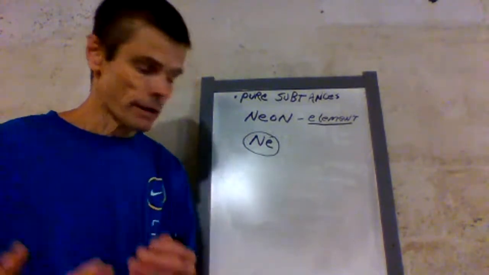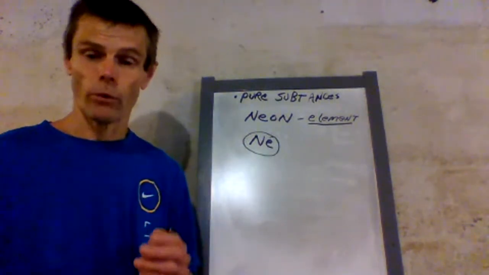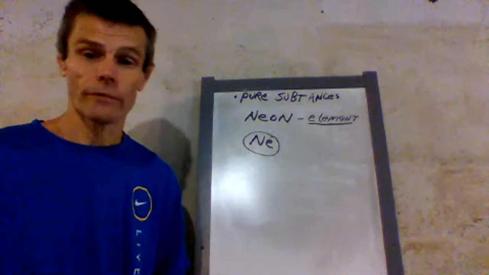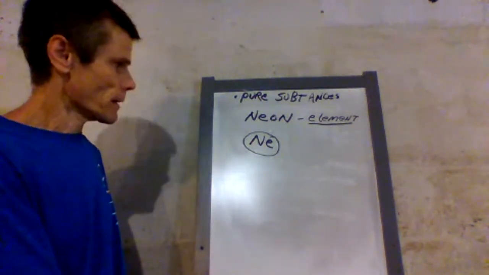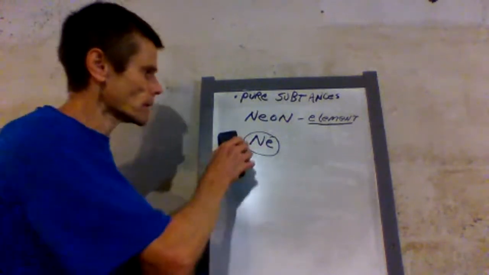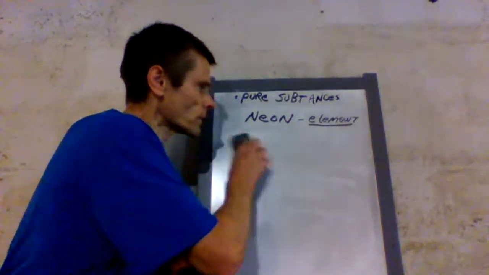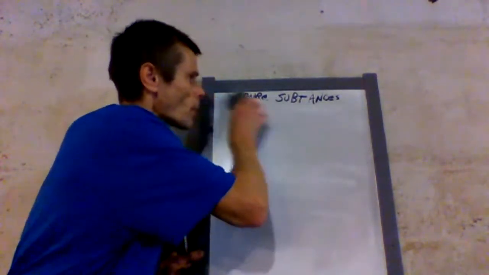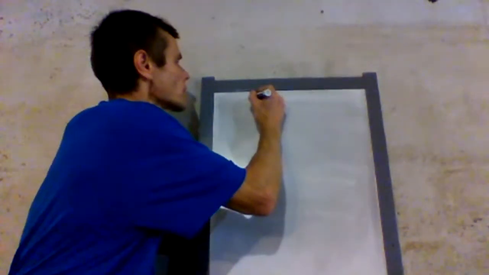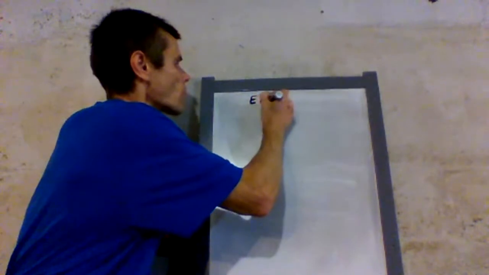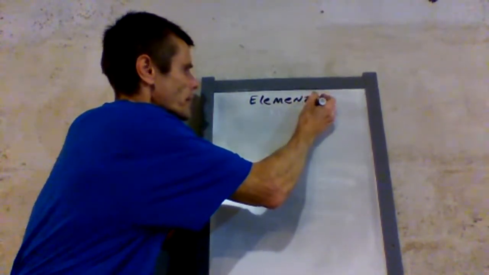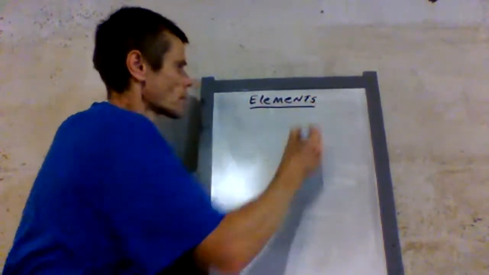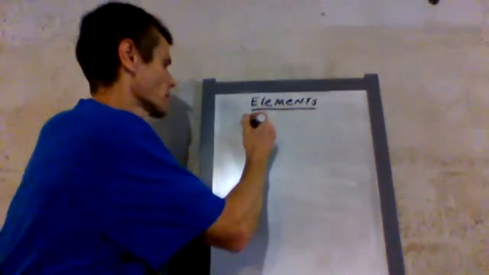Elements are listed in the periodic table. If you go to the inside cover of your textbook, there's a copy of the periodic table. And elements in the periodic table are given abbreviations. Many of these abbreviations are kind of easy to recognize.